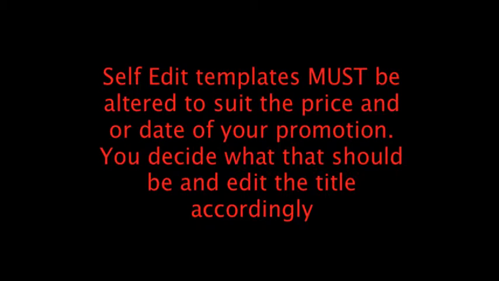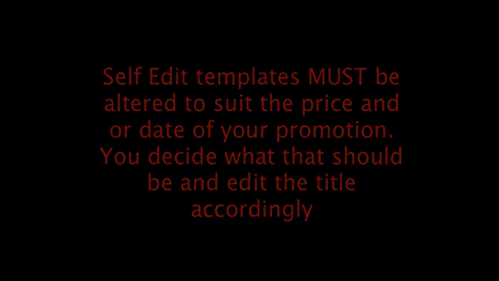Self-edit templates must have their title altered to suit the price or possibly the date of your promotion. You simply decide what that should be and edit the title field accordingly. Use the title that we've provided as a guide to make sure that you can fit either using a different type size or perhaps by abbreviating some of the text to suit the promotion.